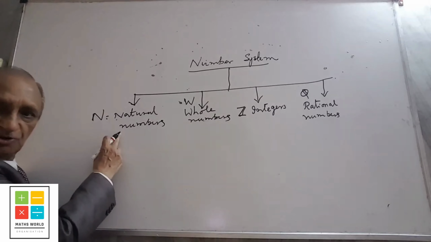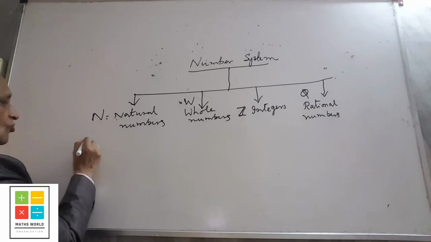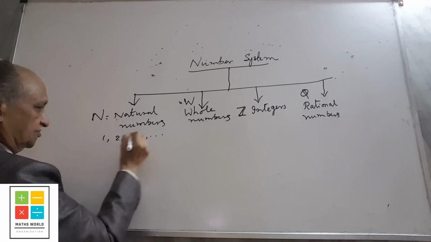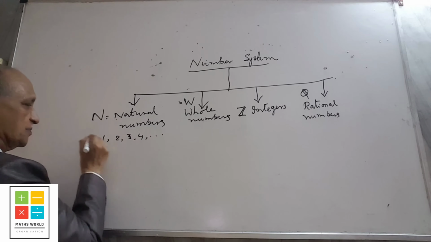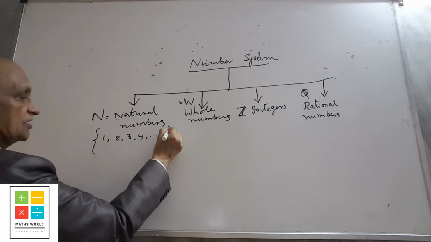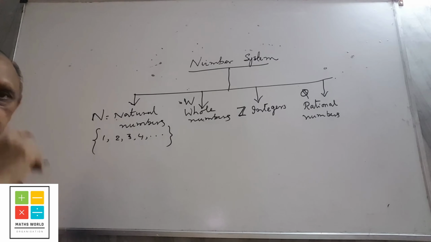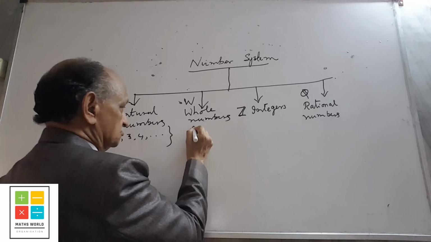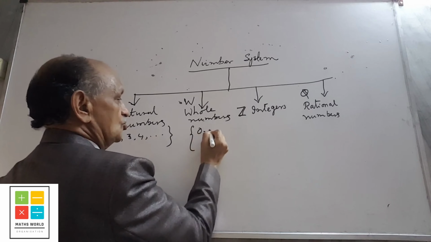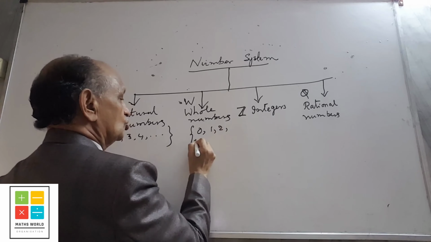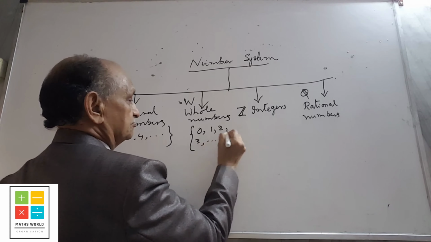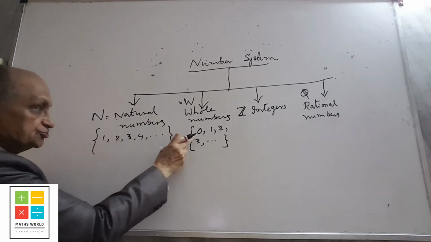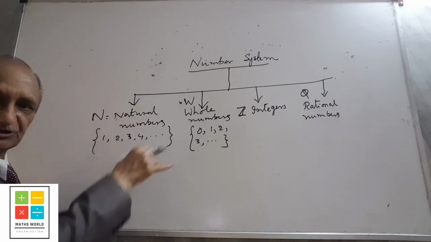Now, natural numbers are like 1, 2, 3, 4, dot, dot, like this. Infinitely many numbers are there. See, we are starting with 1. Now here, whole numbers: 0, 1, 2, 3, dot, dot. Addition is 0; all others are the same.